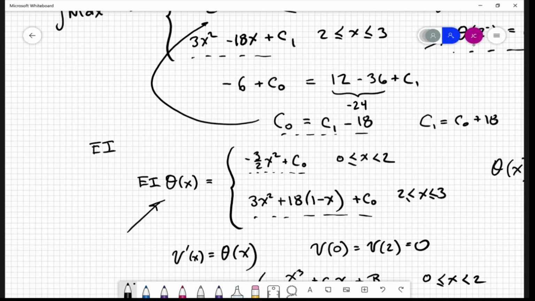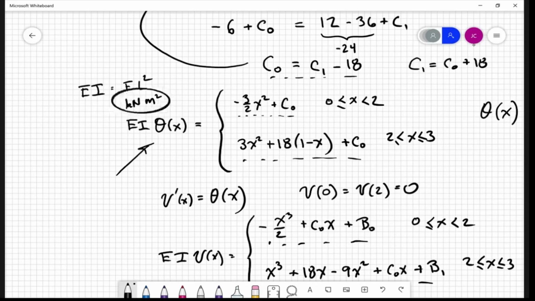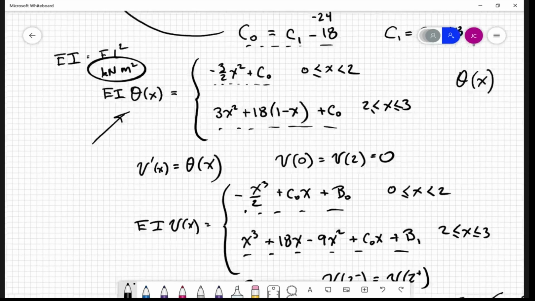So EI has units of force times length squared, right? So it's going to be kilonewtons meter squared, EI, right? Kilonewton force per length squared times length to the fourth, right? Okay. So EI has units of kilonewton meters squared.